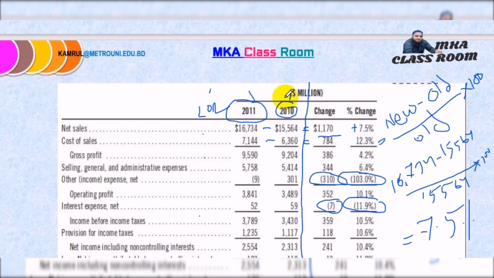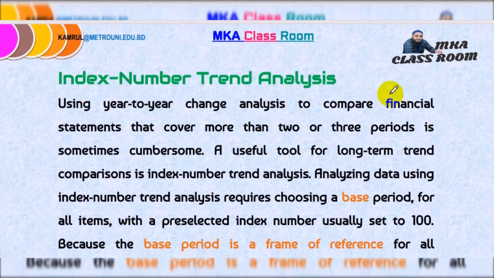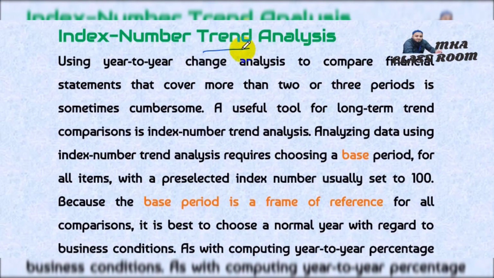If there is the 2013, in the same way, that is the new data, that is the old data. That means you are comparing to the 2010 according to this period. If there is the 2014, that is the base period. Then you can call the net sales increases as a specific percent according to this year 2010. That's the index number trend analysis.